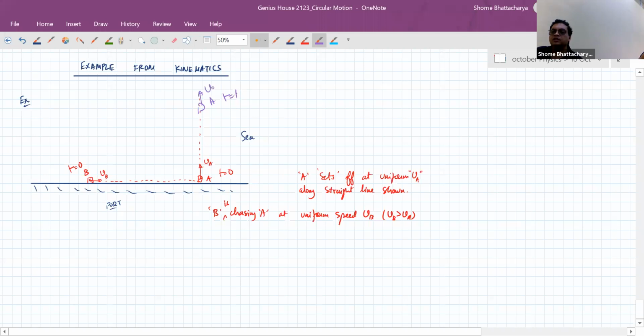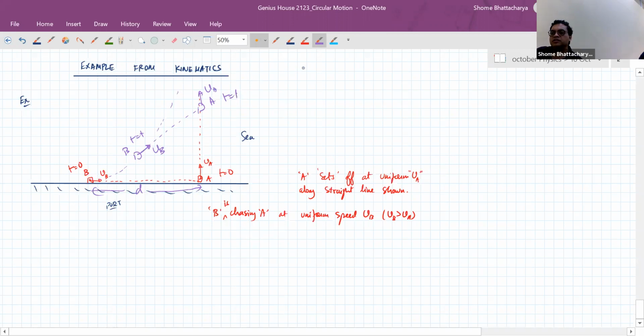But B will be somewhere here, because B's direction is continuously changing, and at this instant its direction of velocity will be like this. So B has this kind of curved path. Even after this, it curves. And the distance between A and B is D initial.